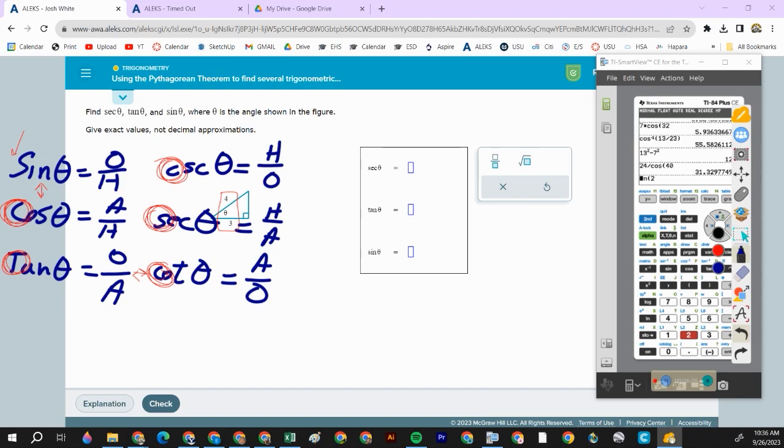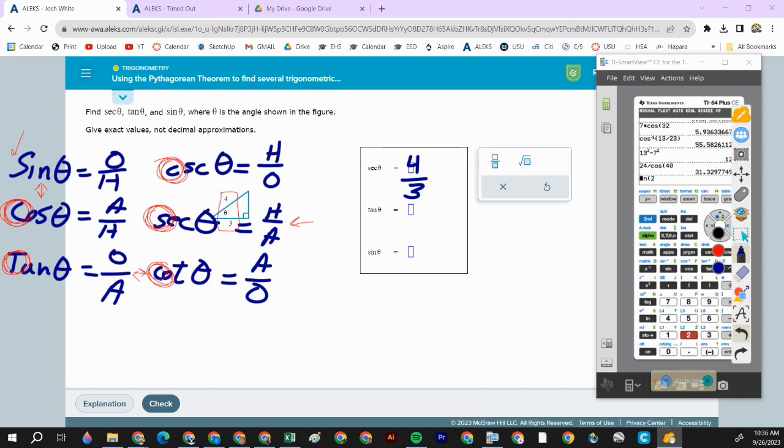Hypotenuse. Okay. So, what is the secant of theta? So, secant is H over A. So, the secant of theta is going to be 4 over 3. Does everybody understand that? Anybody confused?